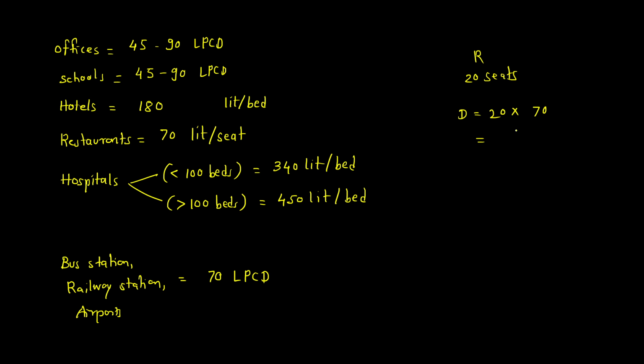This should be 700 into 2, 1400. That is 1400 liters. So 1400 liters will be required per day for the restaurant if you want to design, or if you want to take the demand into consideration. So anyways, if this value is asked, then it will be asked directly. So you can just remember the formulas for the design purposes.